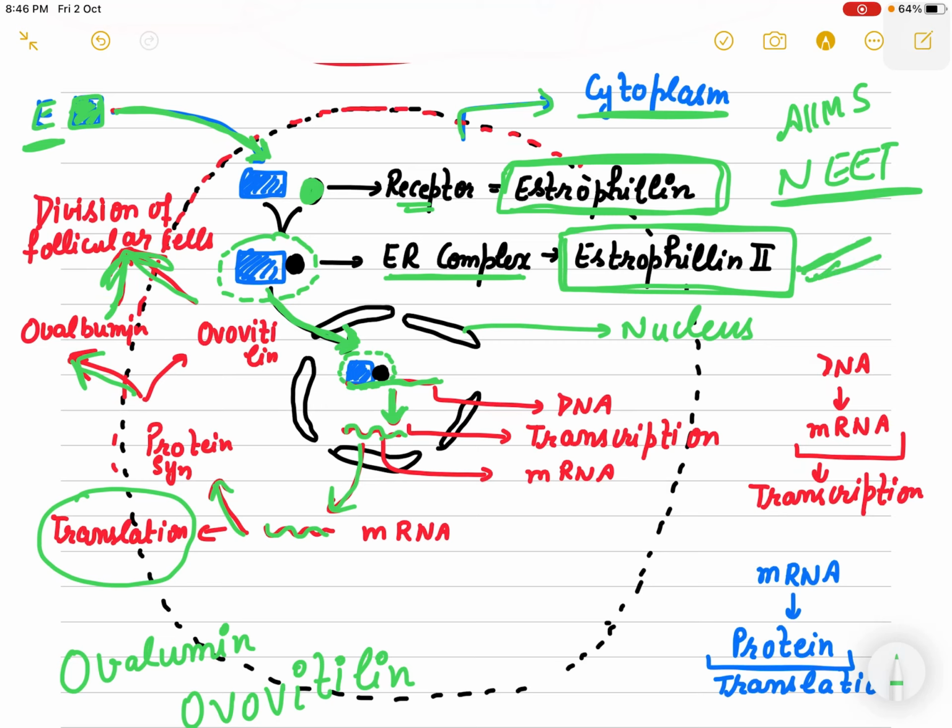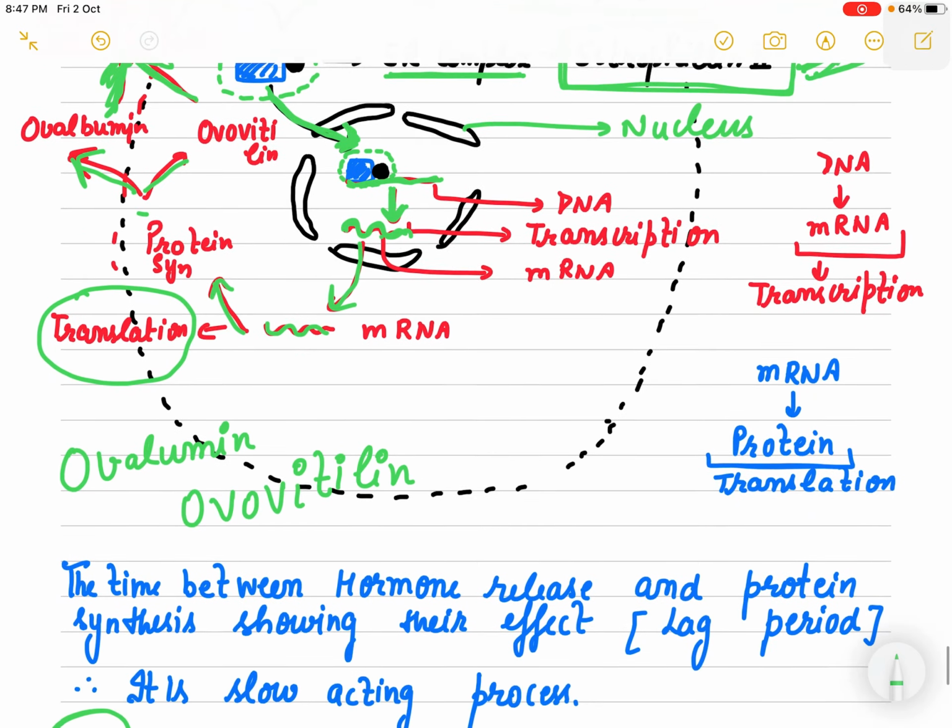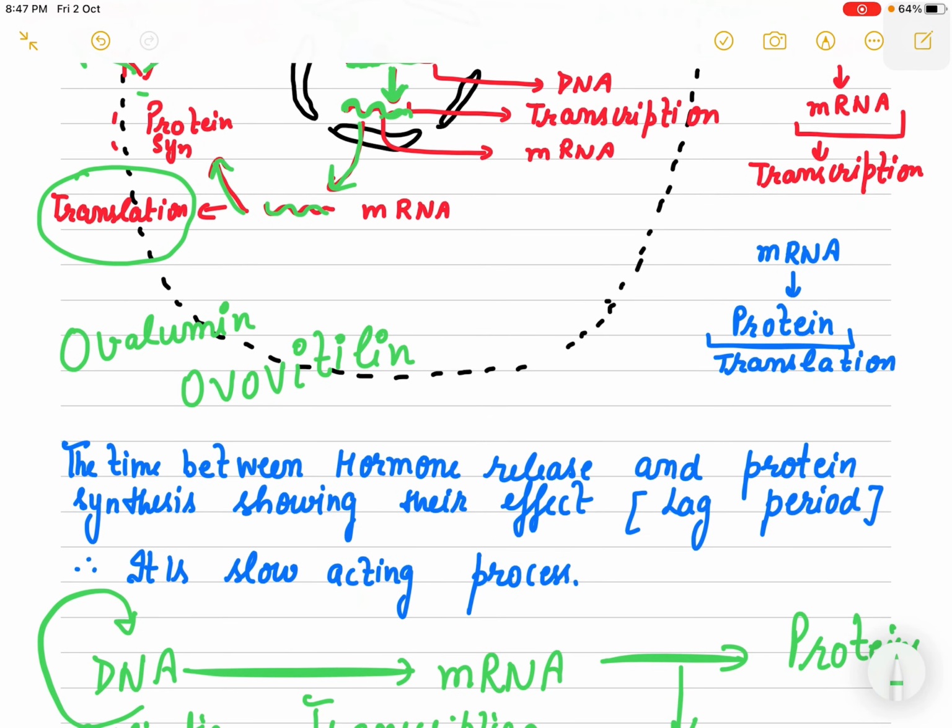Then it enters into the nucleus, then mRNA is formed, and finally proteins ovalbumin and ovovitilin are formed, and there is more and more division of follicular cells, right? Or you can say there will be tissue growth and differentiation, right? That is happening in the steroid hormone.